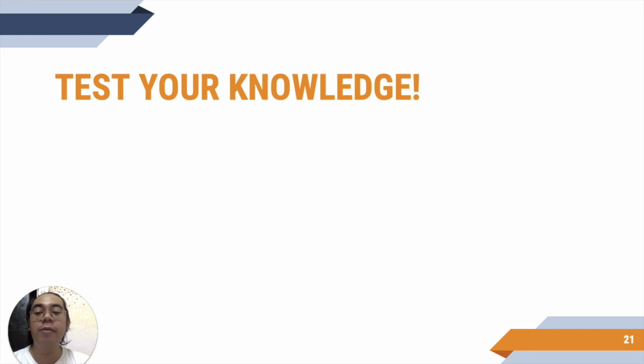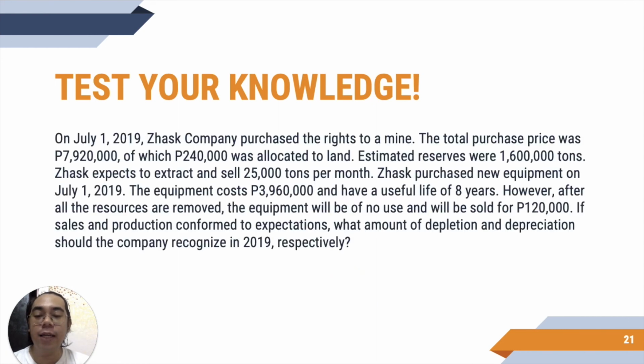Now it's your time to test your knowledge. If you know the answer to this question, just comment your answer down below. On July 1, 2019, ZASC company purchased the rights to a mine. The total purchase price was 7,920,000, of which 240,000 was allocated to land. Estimated reserves were 1,600,000 tons. ZASC expects to extract and sell 25,000 tons per month.